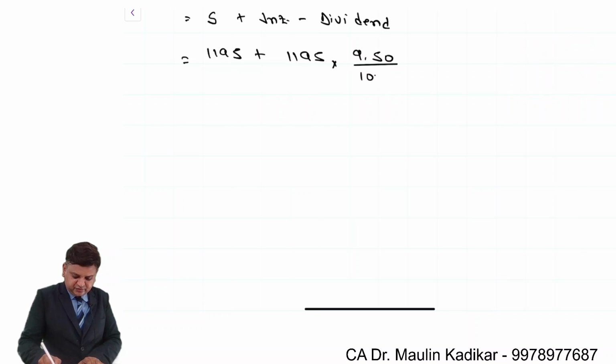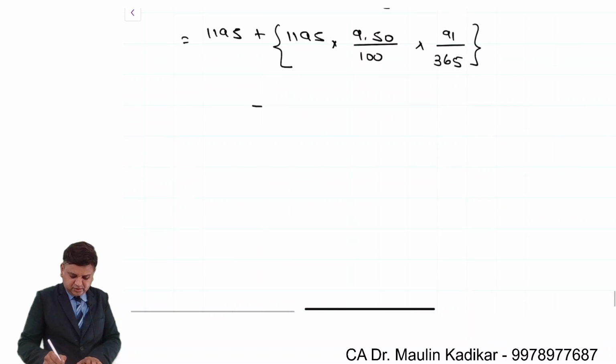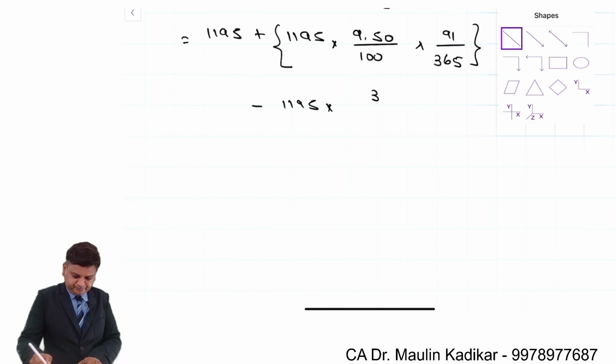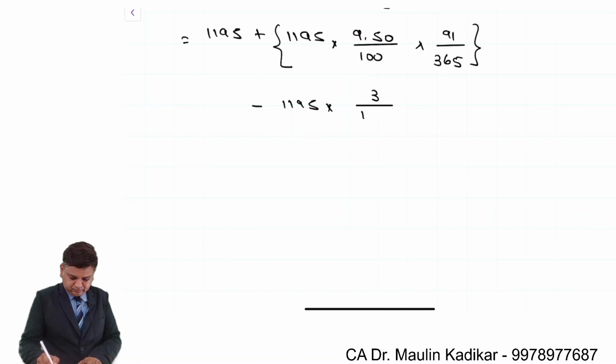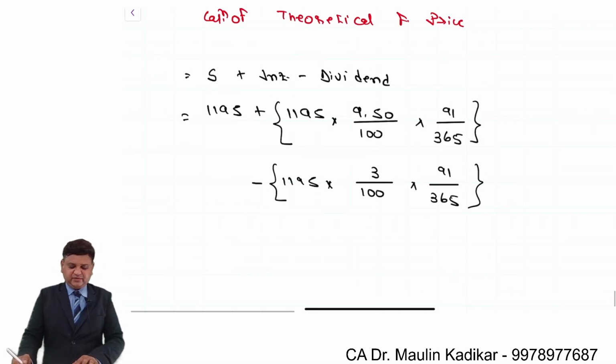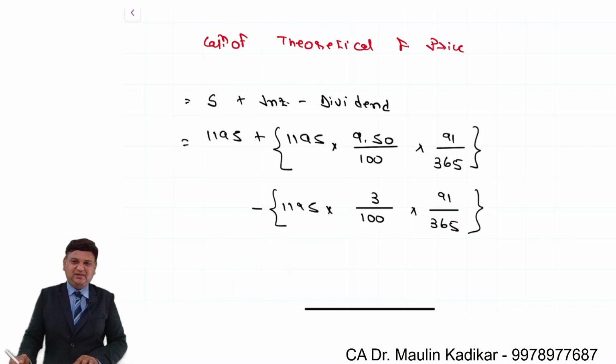For how many days? For 91 days. Minus dividend. So it is 1195 into 3%, again into 91 divided by 365. This is the way the futures value can be calculated.